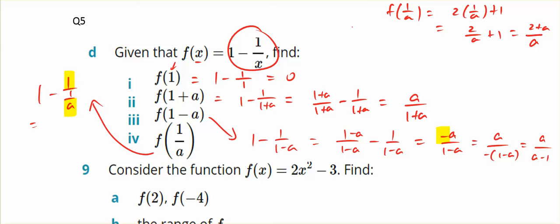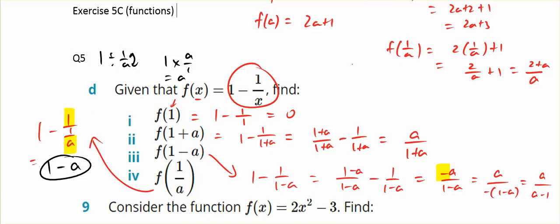So essentially what this becomes is 1 minus a. The reason that works is because we've got 1 divided by 1 over a, so in order to make that times, we need to flip the top, so it becomes 1 times a over 1, which equals a. Okay, does that make sense? So essentially that becomes 1 minus a. So that's why f is 1 minus a as the answer.